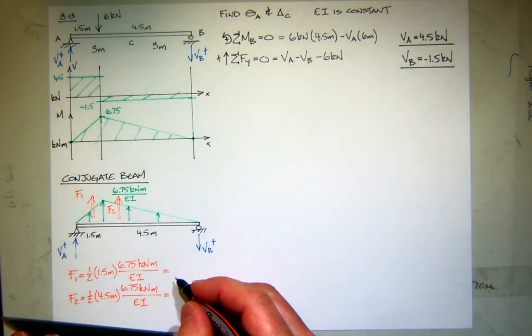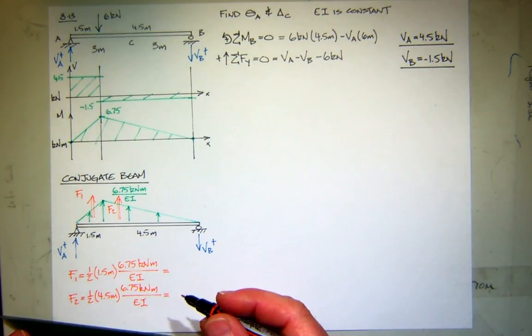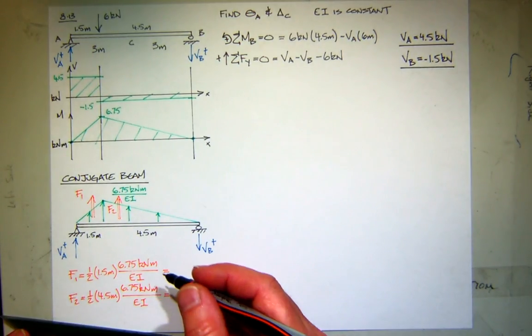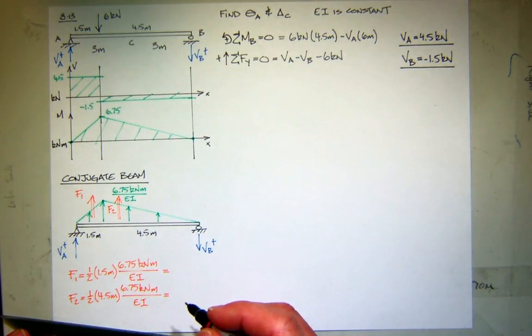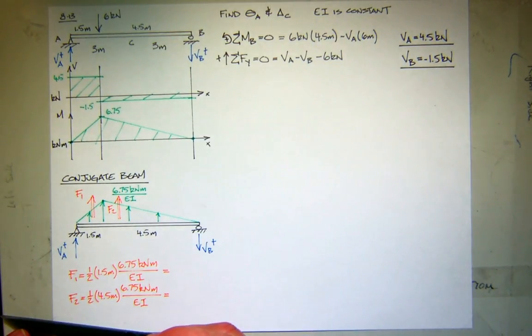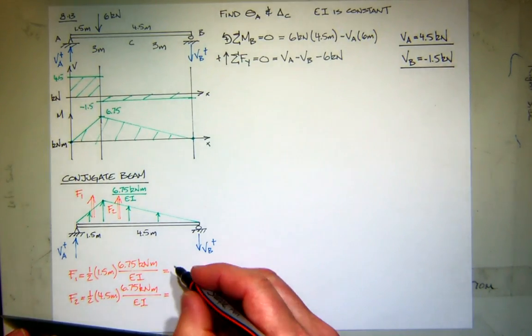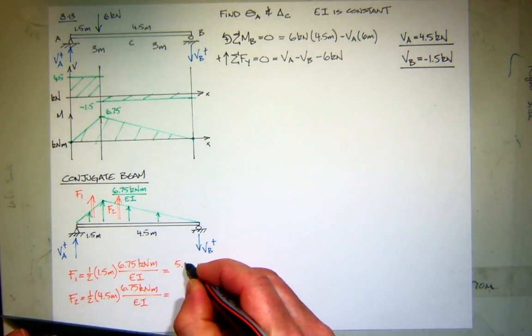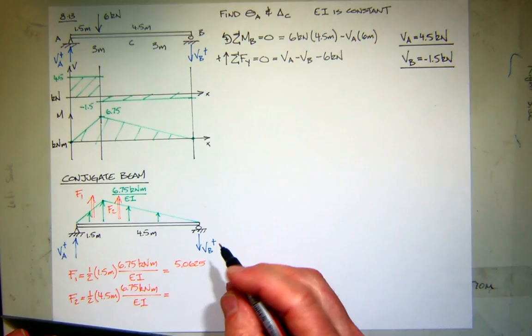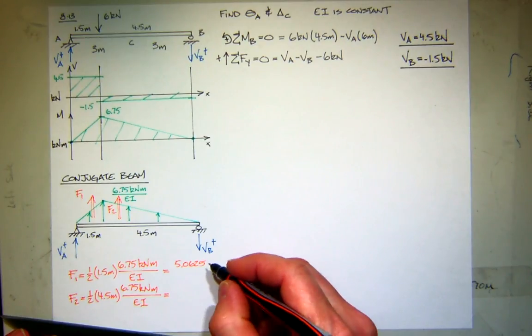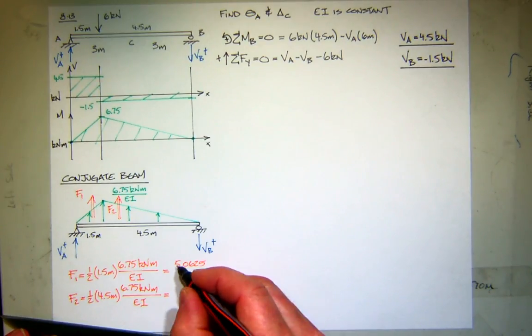So did somebody get the value for F1? 81 over 16. That's 5.0625. Wow, maybe I should have done it your way. Let's go back and do it your way.